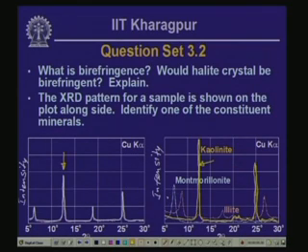Also another intense XRD signal was obtained at about 25 degrees 2 theta, and for kaolinite also we have a distinct signal at 25 degrees 2 theta.